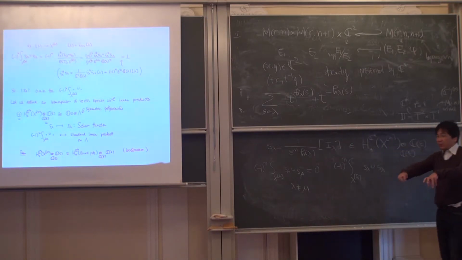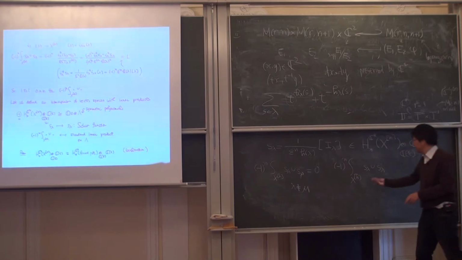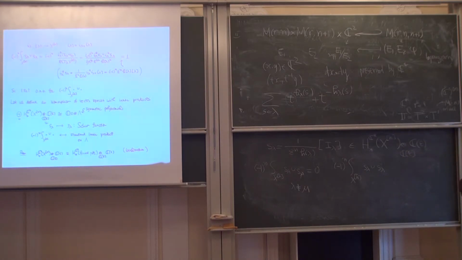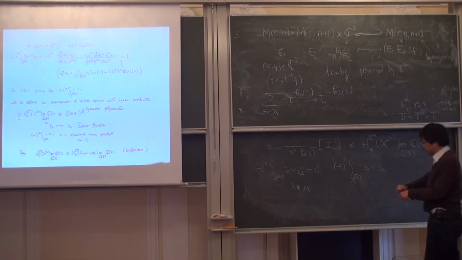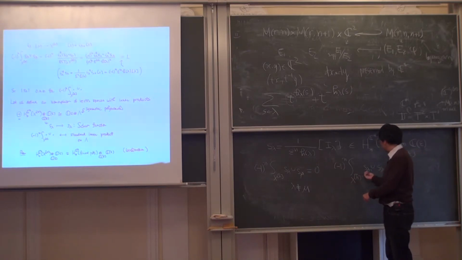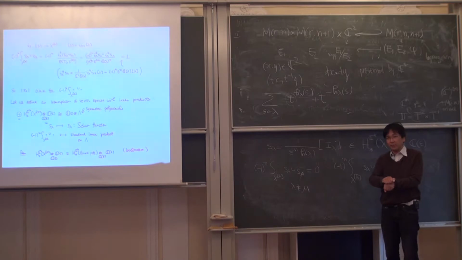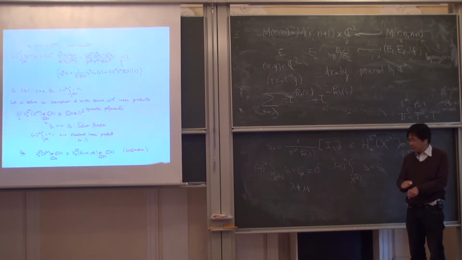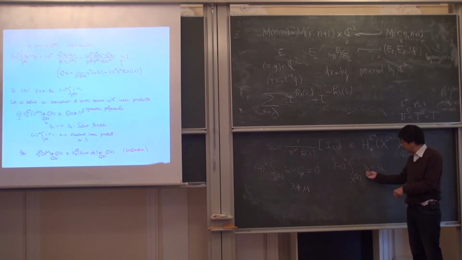If you compute the intersection of two points naively, then because any 2 points can be moved on the space freely, to compute this kind of intersection pairing you can first move those homology classes to generic position and then compute the intersection.